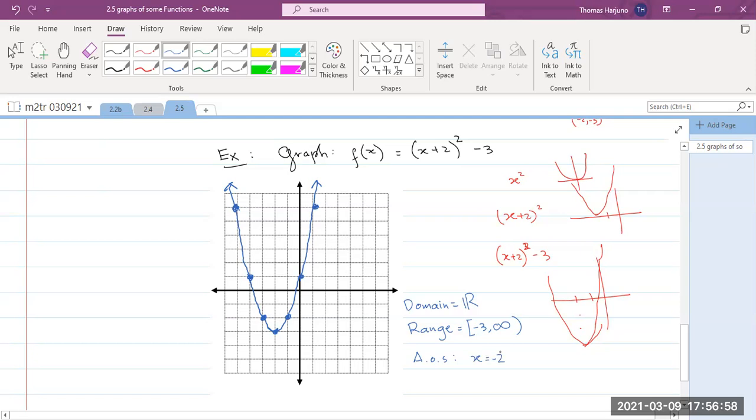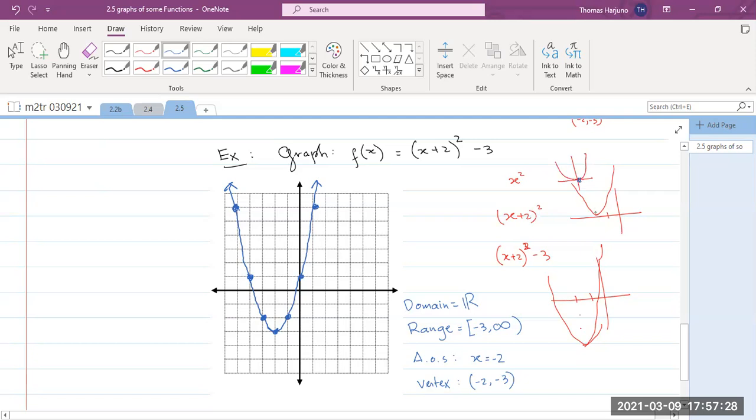How about the vertex? That's -2, -3. So you can see this way. Originally the vertex is 0, 0, right?